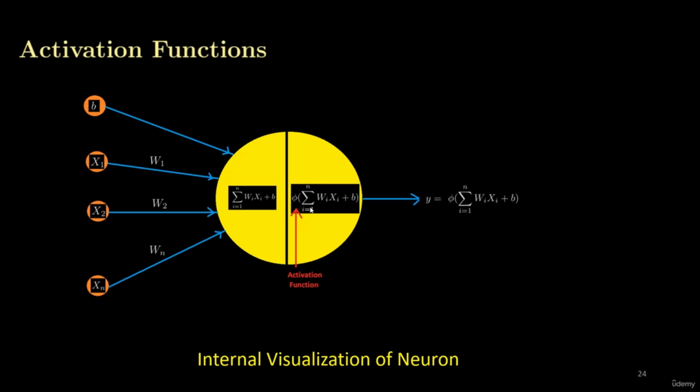But here we can see that we can inject the activation function in the same neuron, whether it is the output neuron or a neuron present in the hidden layer. This is the input side, which is collecting the inputs from the input layer, and this is the linear learning. After that, we pass this learning to the activation function to make it non-linear. So this is the output of this neuron after the activation. This is phi, and this is called the activation function.